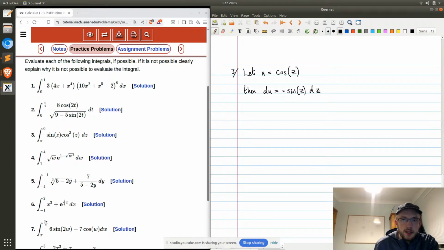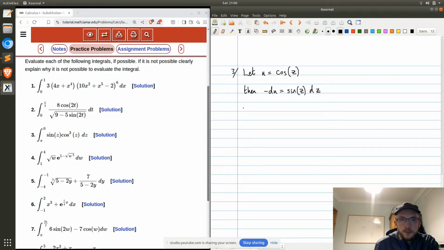And this minus sign can come over here like that. Just move everything over so it looks nice. And then now this will just become u cubed du. Or will it? No, there'll be a minus sign in front actually.